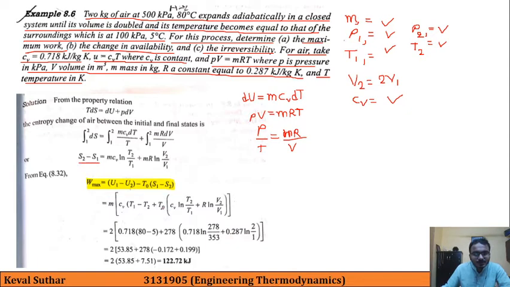So that negative sign is eliminated and this entire formula is directly put. Okay, so this is the whole formula that we have. Instead of u1 minus u2 we have put m Cv, T1 minus T2, and m is taken out.